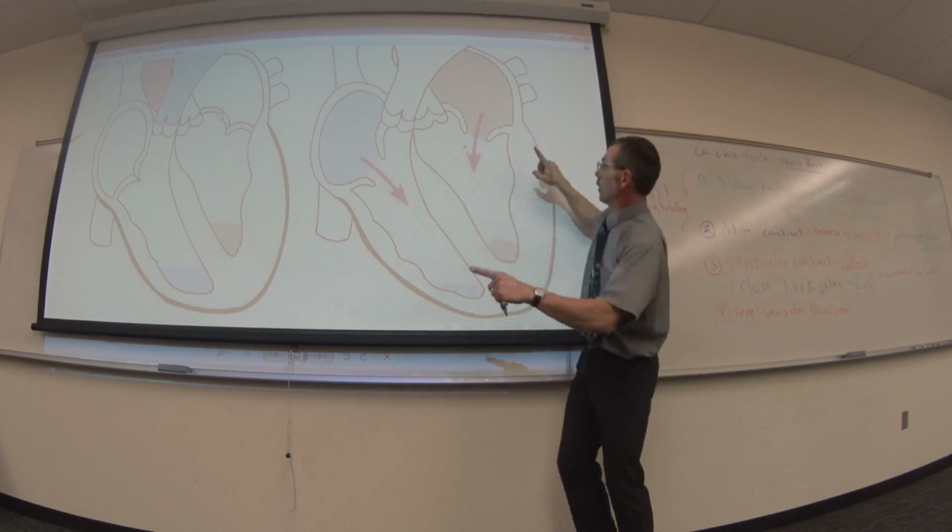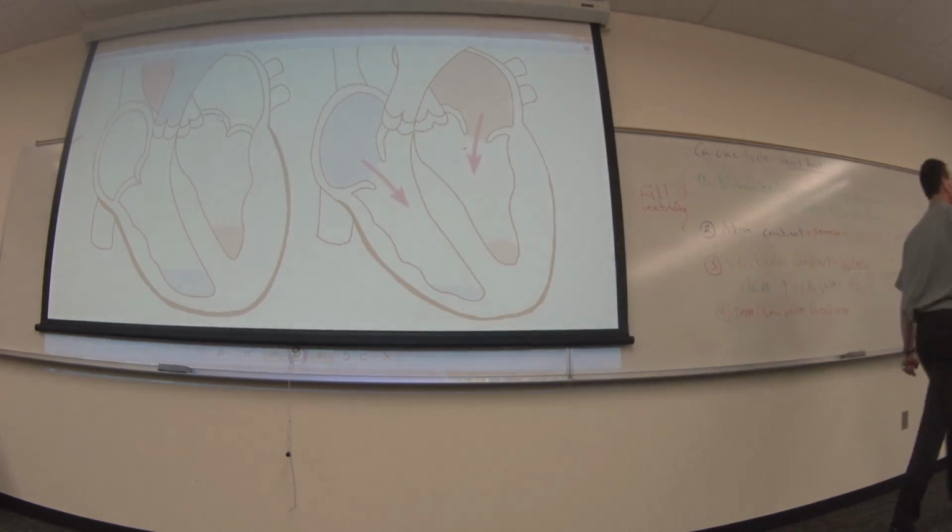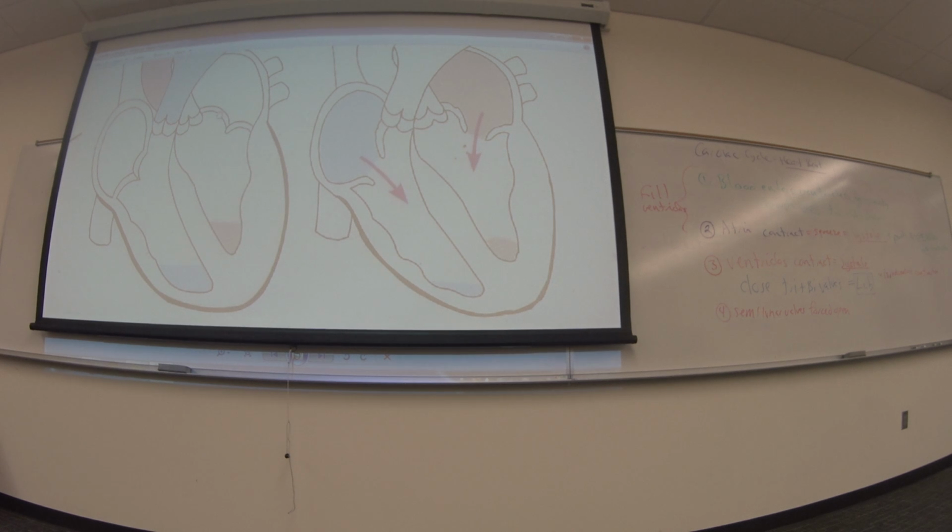Which valves? The tri and bicuspid. Let's open the tri and bicuspid valves. And why do we want those to open? To let blood in. Now you're going to go to step number 1 and repeat the whole thing again.